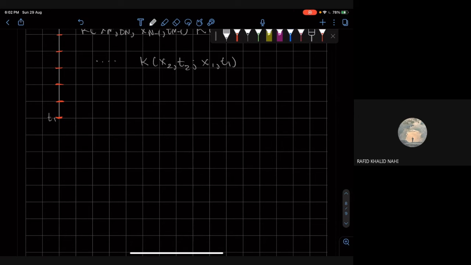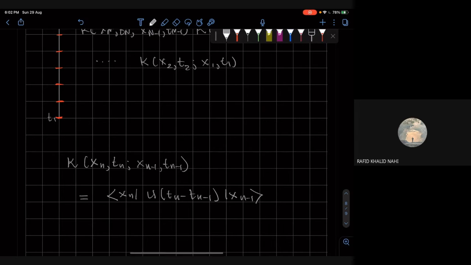So if the time interval is very small, we can take an arbitrary propagator, x_n t_n; x_{n-1} t_{n-1}, and that would be, in the Schrödinger picture, written as x_n, the time evolution from t_{n-1} to t_n, correct?